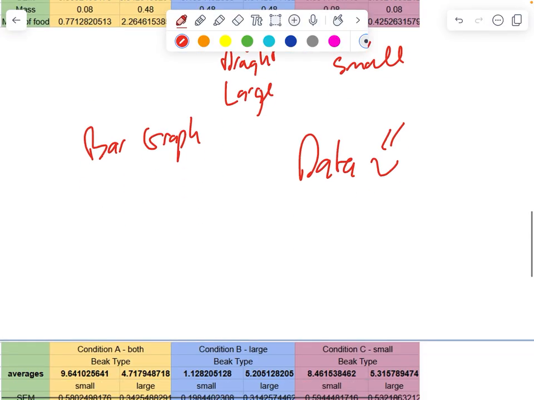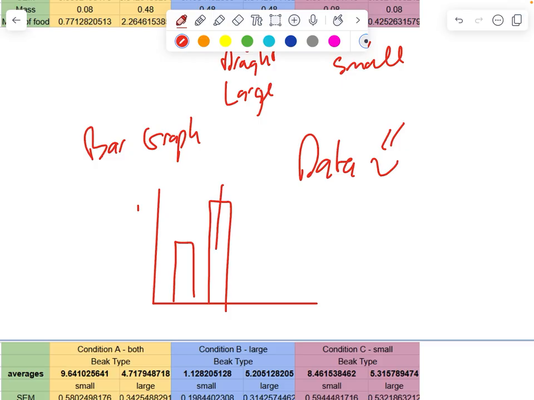If you have a bar graph here and a bar graph here, and the standard error you graph like this, do you see how they overlap?